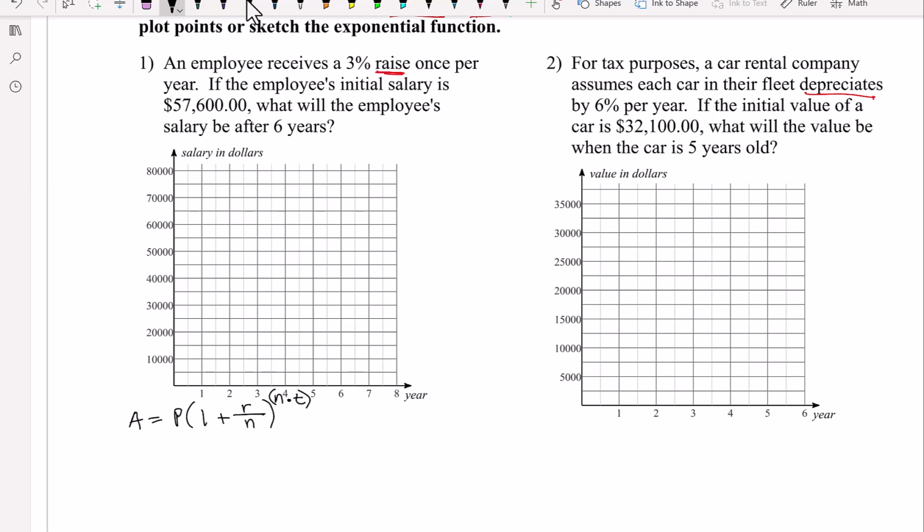For this one, it's a raise. So in this case, it's going to be new salary is equal to the salary given times 1 plus the interest rate over n. You're only going to get a raise once a year, so that n will equal 1, but it's still over n, and then the n is still 1 times after 6 years.